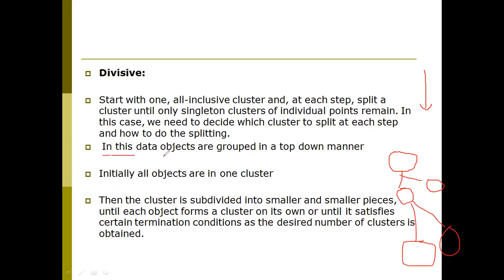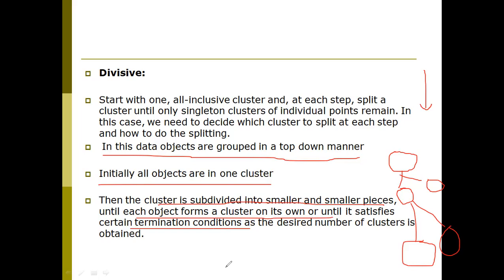In this, the data objects are grouped in a top-down manner, and initially all objects are in one cluster. Then the cluster is subdivided into smaller and smaller pieces until each object forms a cluster on its own, or until it satisfies a certain termination condition, such as the desired number of clusters being obtained.